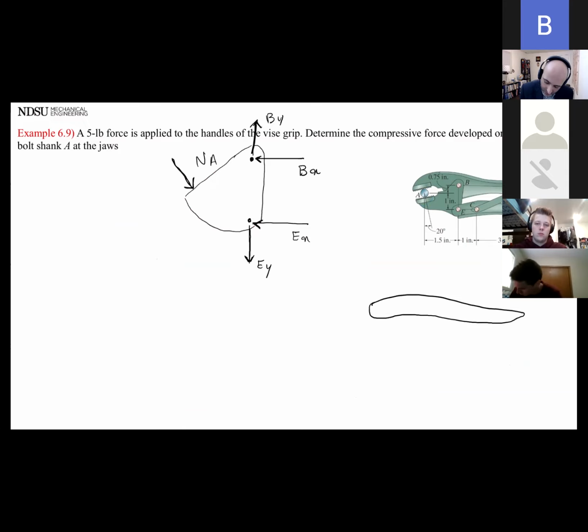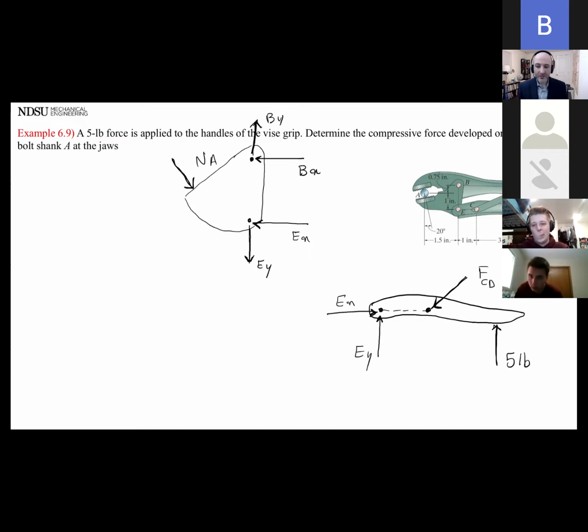The important thing is that EX needs to be opposite. EY needs to be opposite of the other one. The C, I use the same. Yeah, FCD. And I have a 5.